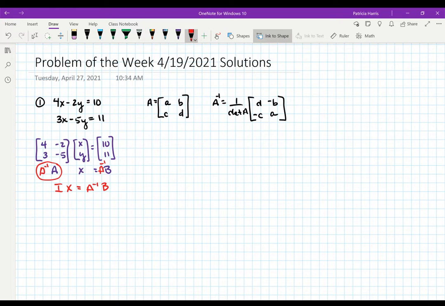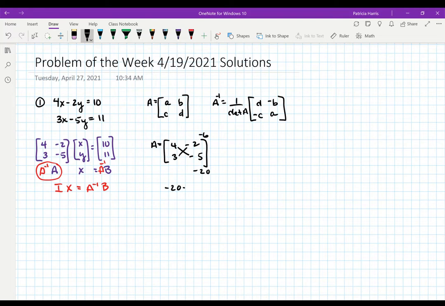Okay, so let's try out finding that inverse matrix. First thing I need is the determinant of my original. So we're going to go down diagonal, up diagonal, so negative 20 minus 6.